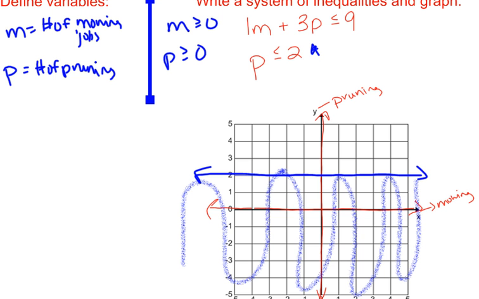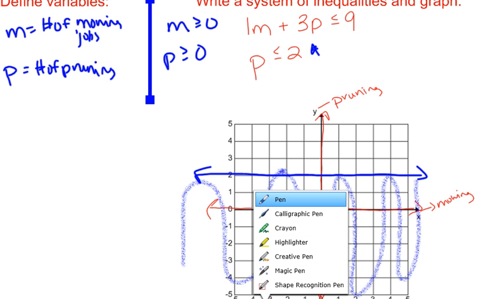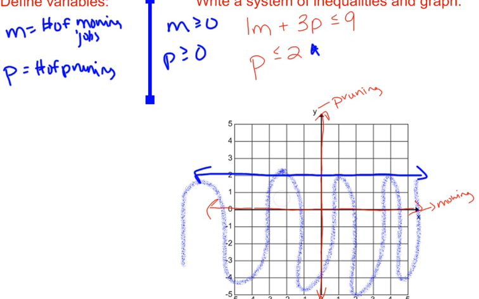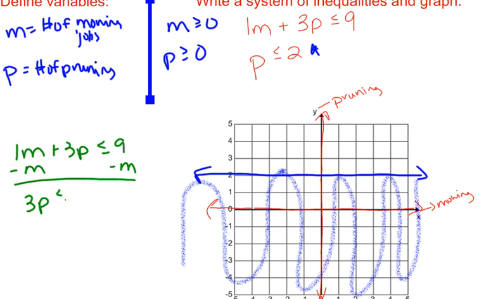My next one then, I'm going to go to my equation on top, and I want to solve for P. So I have 1m plus 3p is less than or equal to 9. So I'm going to get P by itself, minus m from both sides. So 3p is less than or equal to negative m plus 9. Divide by 3.